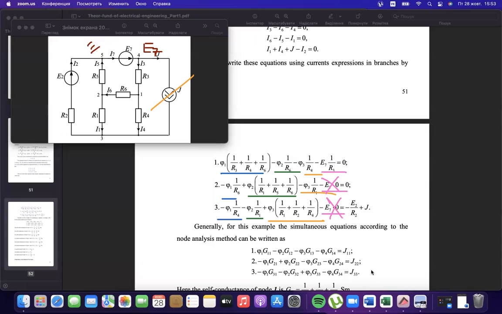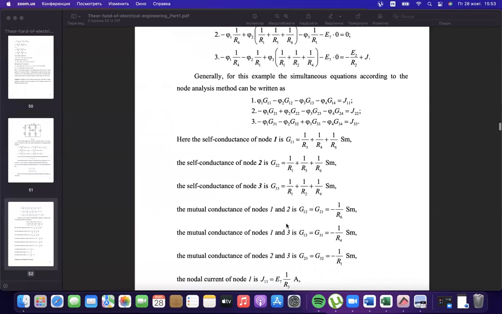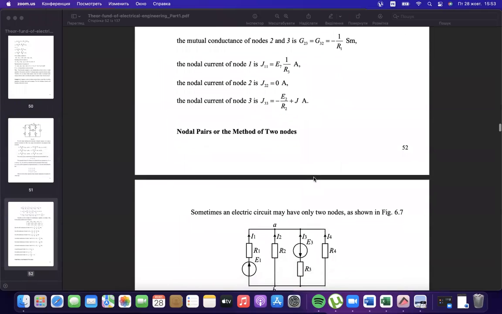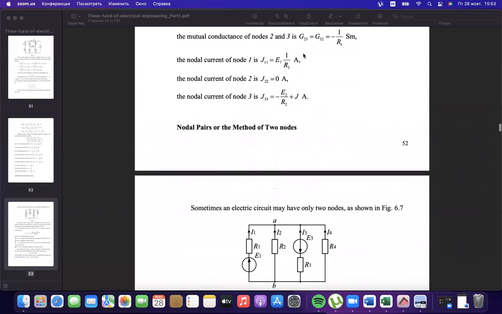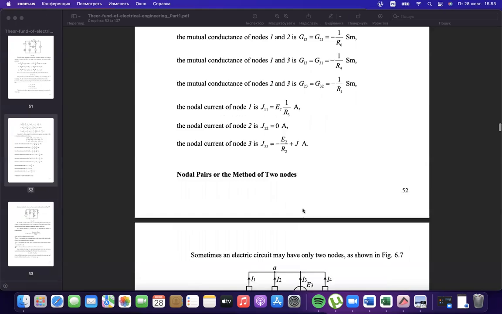For this point, you don't need to make an equation because you already know the value. It equals E7. That is why you don't write an equation for point number 4. That's all. You could see this example in the form of equations here at the end of this lecture.